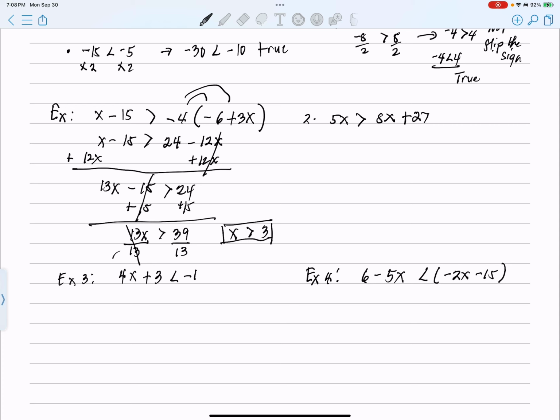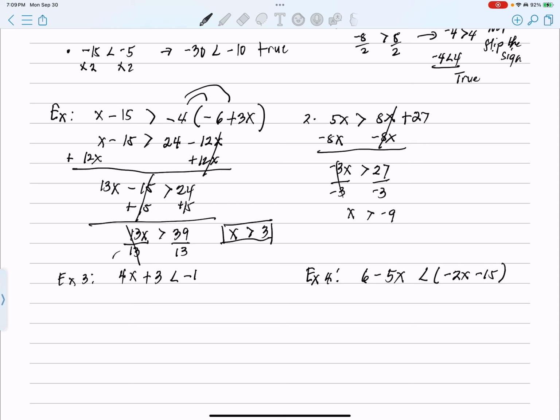Let's do the second one. 5x greater than 8x plus 27. So let's move the 8x to the left by subtracting 8x. This will be negative 3x greater than 27. Then we divide by negative 3. So x is greater than negative 9.